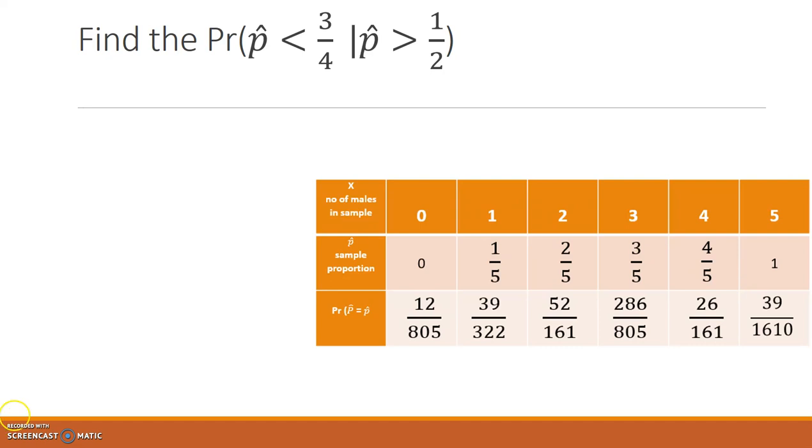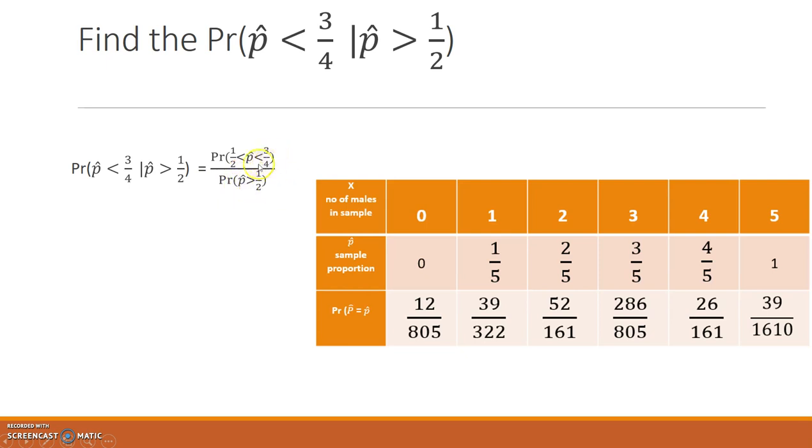Now let's look at finding the probability that p hat is less than 3/4 given that it's greater than a half. Again, we use our table for this. Now, using the conditional probability formula, the probability of p hat being less than 3/4 given that p hat is greater than a half will be equal to the probability that p hat is between 1/2 and 3/4 divided by the probability that p hat is greater than a half.